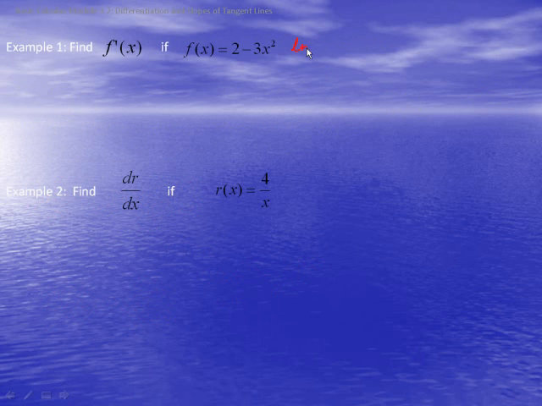We want to go using the formula, the limit as h approaches 0 of 2 minus 3, and we're going to substitute the x plus h in for x, minus the function itself, over h. Second step, we'll do full on the x plus h quantity squared.